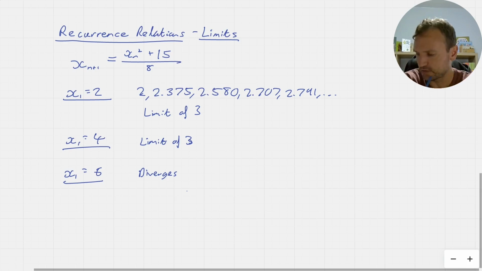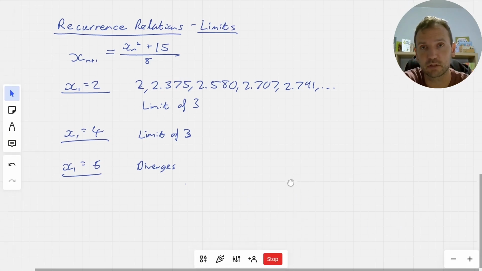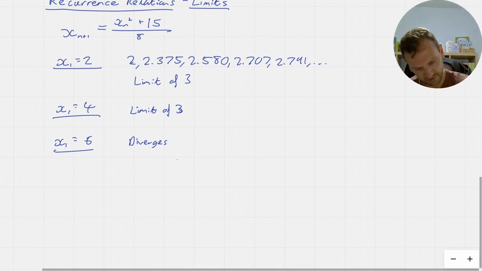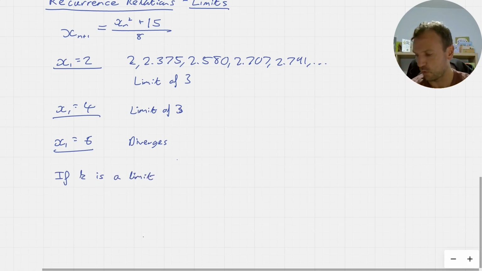Well, it's really useful to be able to investigate whether 3 is the only possible limit or whether there are other possible limits out there. So what we can do for that is to say, well, if some value k is a limit, then if we put k in, we must get k back out as an output.